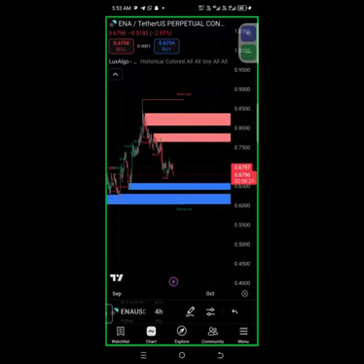That is what shows the bias. The strong low shows buyers are in control, as well as the weak high shows sellers are in full control, right?